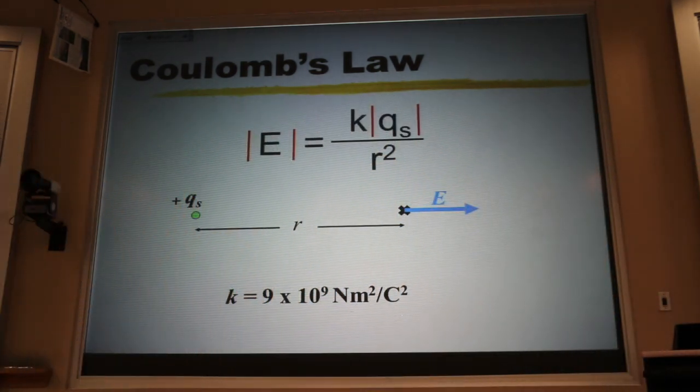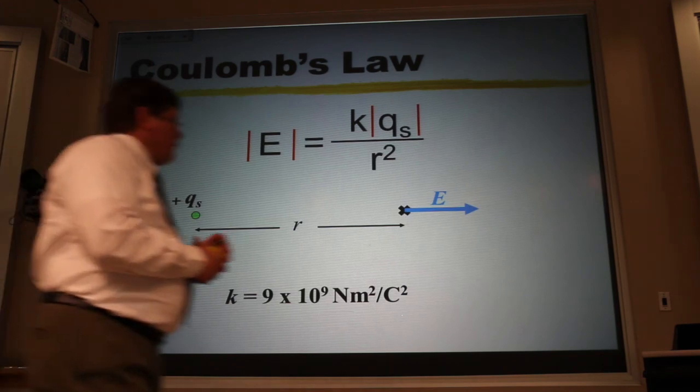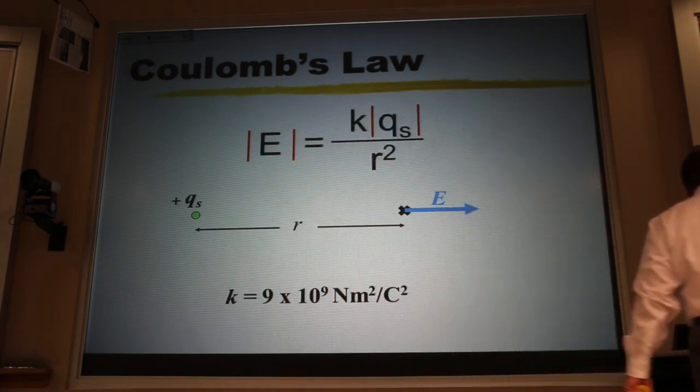How big is it? Always a positive number. We never put in the sign of the charge into this formula because we're only looking for the strength. And then we use the fact that this electric field is away from a positive source and towards a negative source. Always away from a positive, always towards a negative.